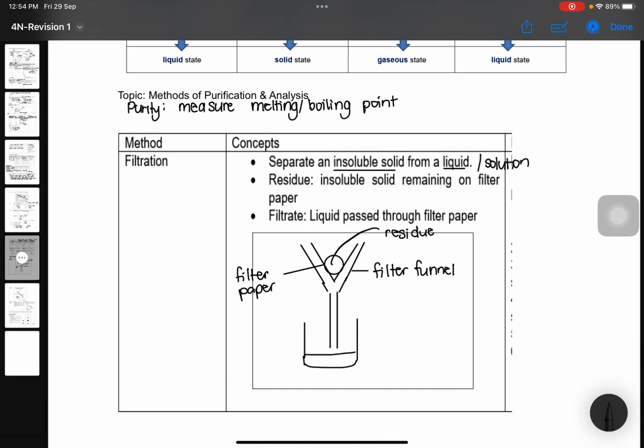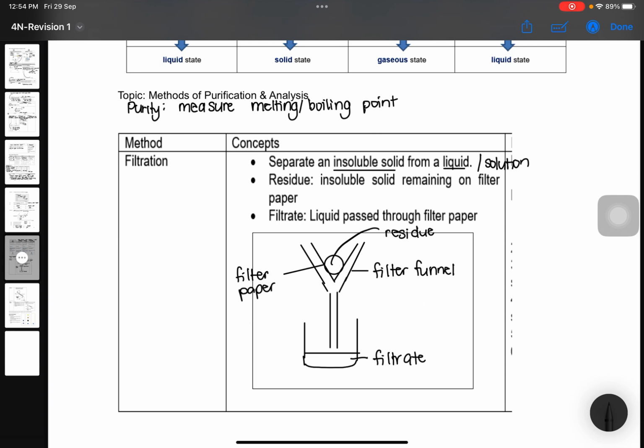This will be your filtrate, depending on the question. The one that passes through the filter paper will be the filtrate. So if you're asked to draw the diagram for filtration, this is what you will draw.